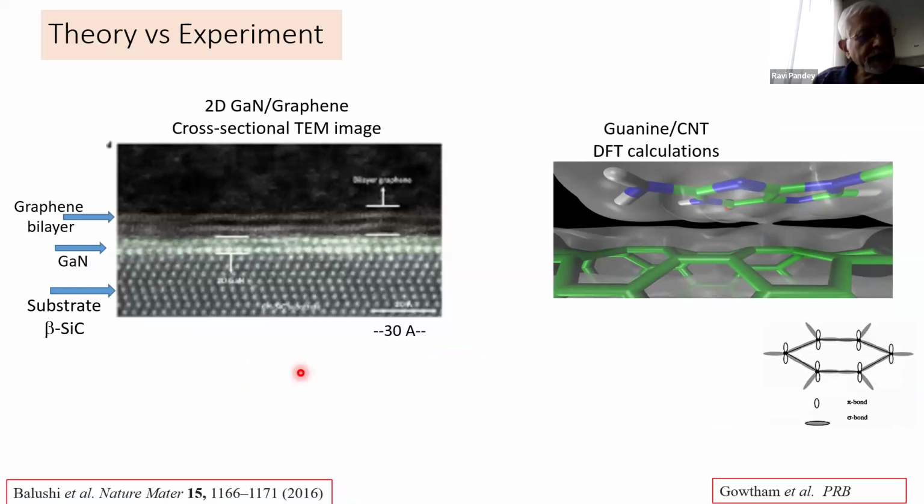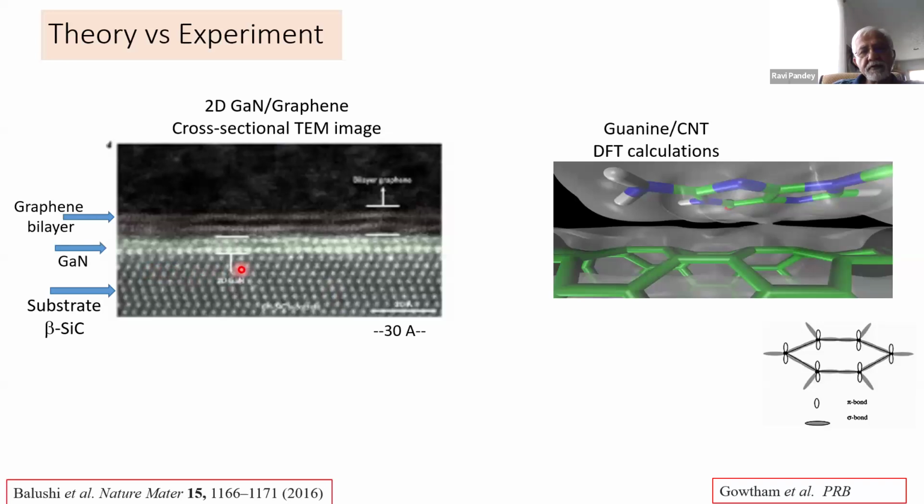So let's move to the second thing, which I call how good the models are. On the left-hand side, what you have is the experimental cross-sectional TEM image. This is the substrate, silicon carbide.